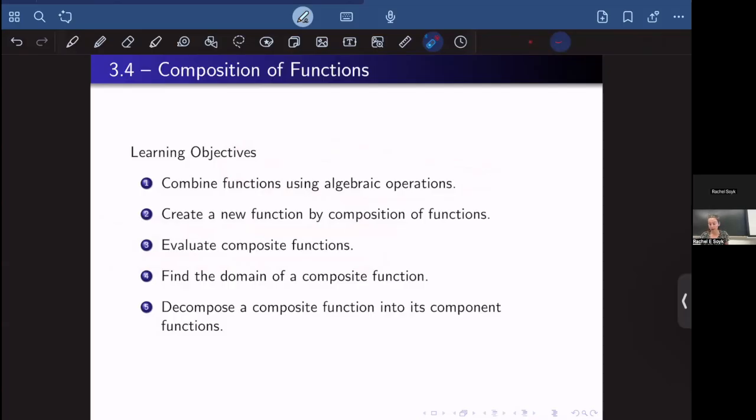And then our last part, we'll do some examples being able to decompose a composite function into its component functions. So you see this big function and breaking it up into 2 or 3 or 4 smaller functions.